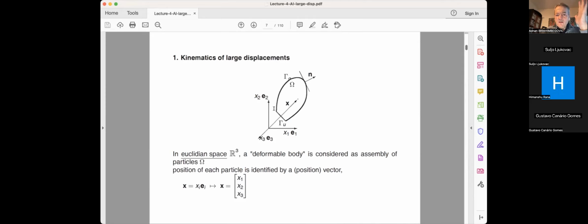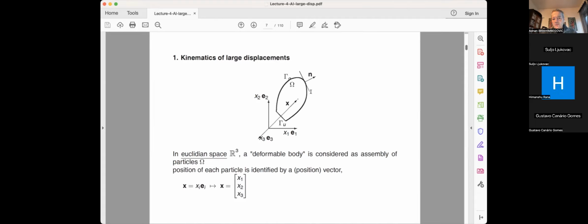And just to mention as well, since you're going to be solving a boundary value problem, it is important that we have enough of these supports to turn this into a structure. That means that the gamma u boundary where you pose displacement has to have at least 3 correctly positioned points to prevent the 2 translations and rotation in 2D, or it has to have 6 points to prevent 3 translations and 3 rotations in a 3D setting.